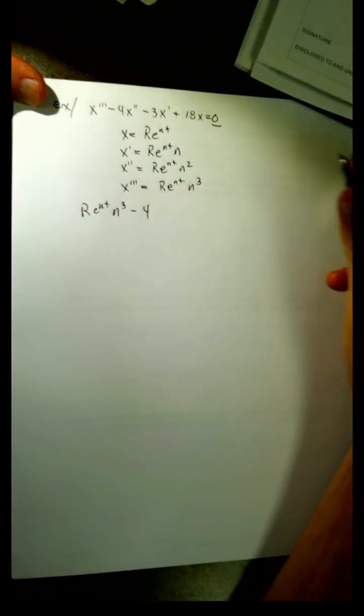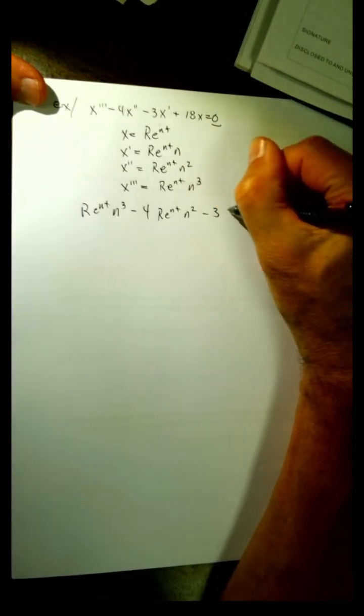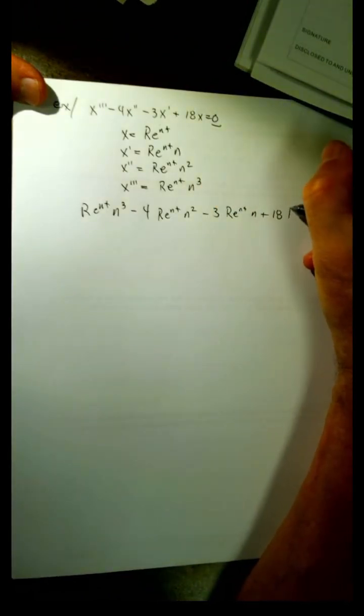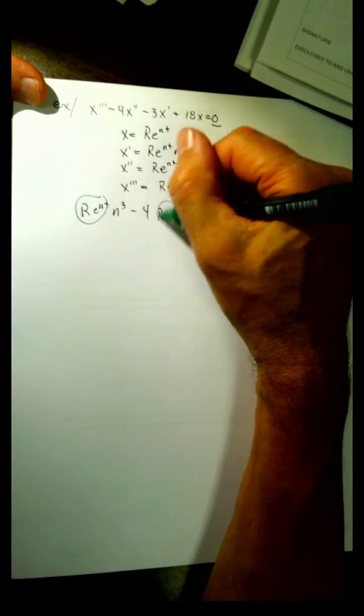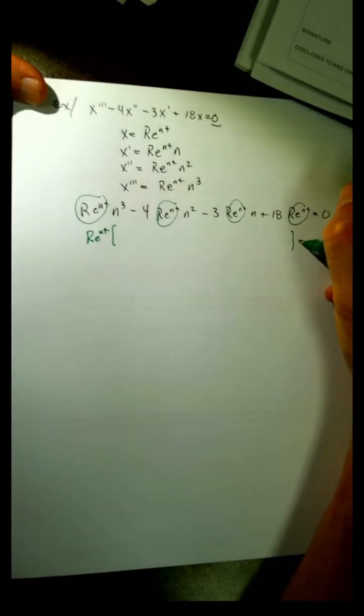So x triple prime minus 4x double prime minus 3x prime plus 18x is 0. That's from my original differential equation. Just as before, I have an re to the nt everywhere, so I can factor that out.